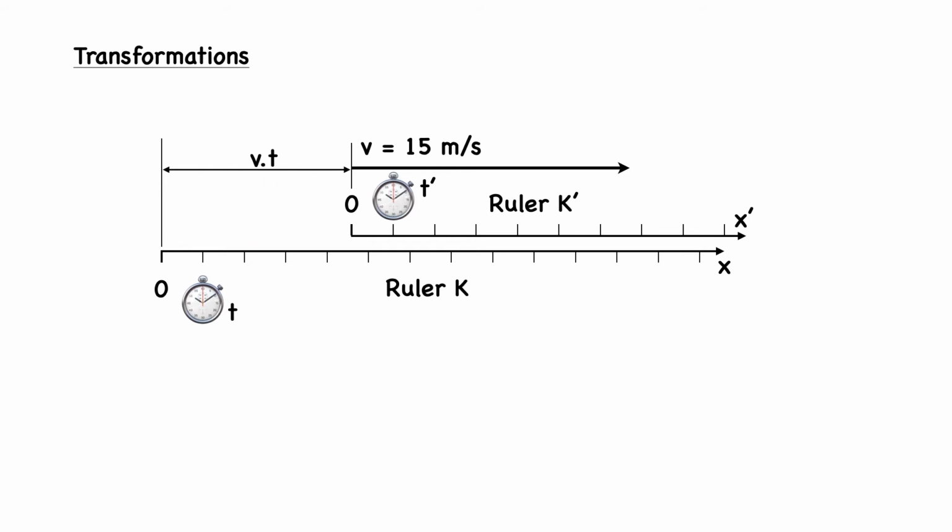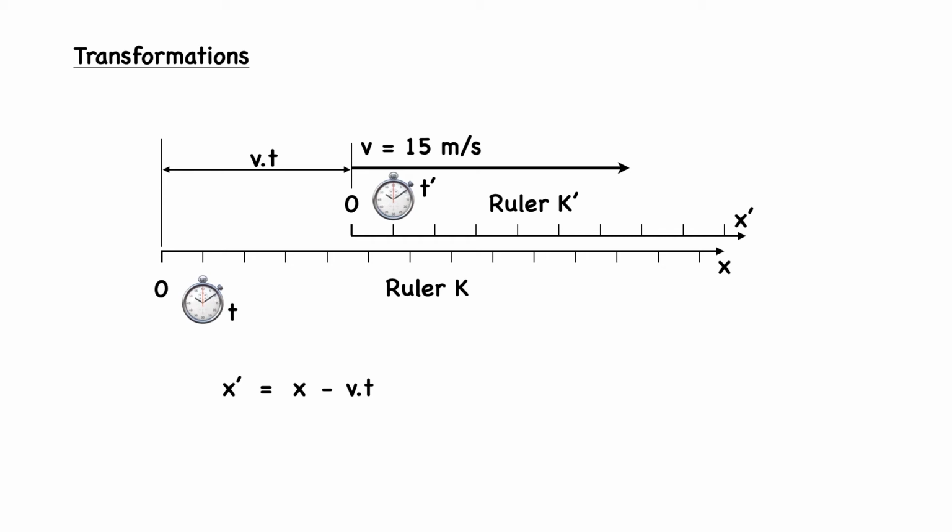We're now going to show how to calculate x dash for a given value of x, and it looks like this. So that's x dash equals the value of x for which we're calculating it minus vt, which of course is simply the difference between the two rulers at any time t.